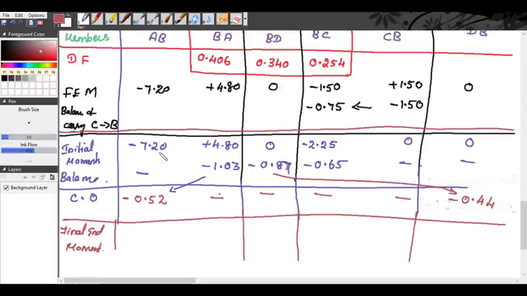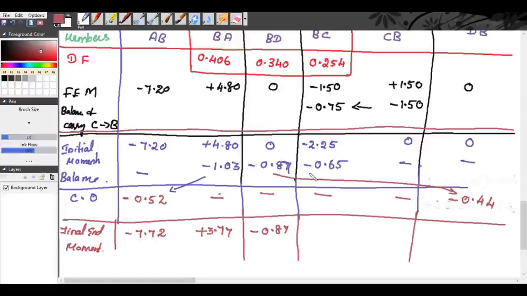So minus 7.20 minus 0.52, we get minus 7.72. Plus 4.80 minus 1.03, we get plus 3.77. 0 minus 0.87, we get minus 0.87.